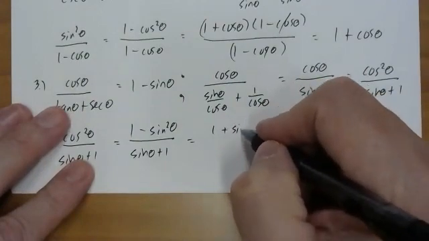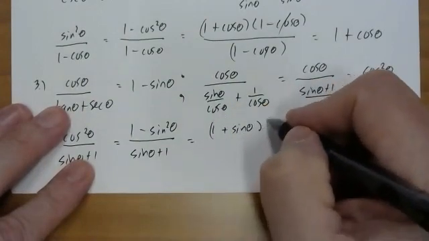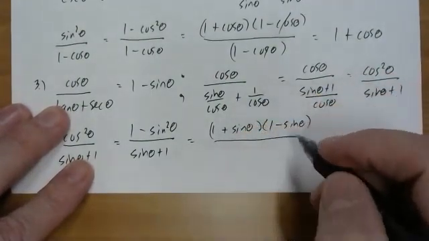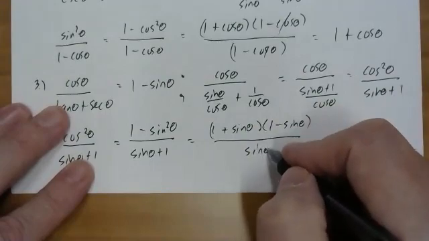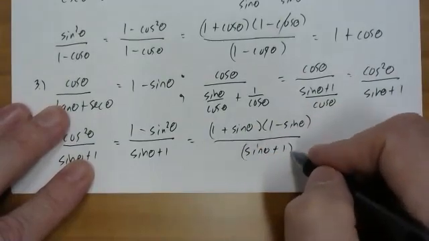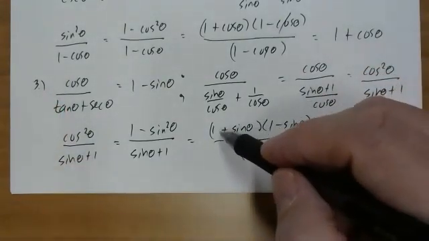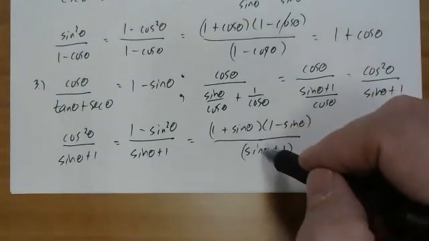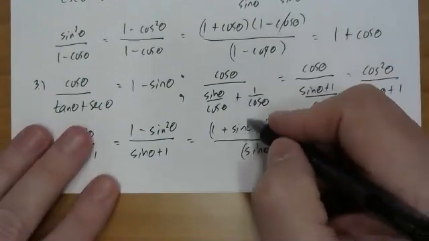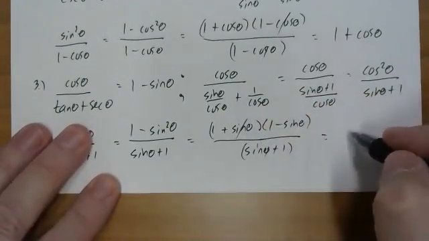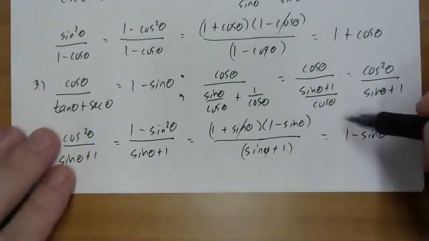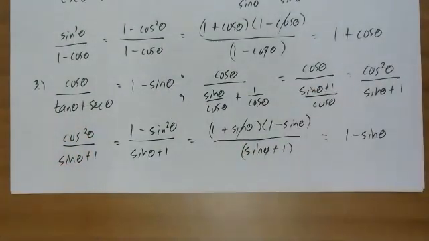So it's 1 plus sine theta times 1 minus sine theta all over sine theta plus 1. Now you realize when you're adding, the order doesn't matter. 1 plus sine theta is the same as sine theta plus 1. So those cancel. And I'm left with 1 minus sine theta, which is what I was trying to prove.